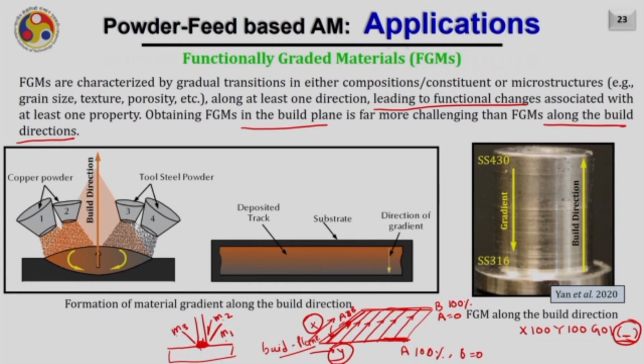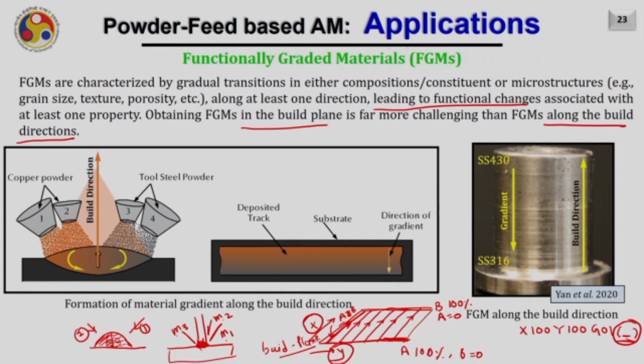However, please note that if I am going to deposit this rectangular bead, and from this end material 1 is coming and from this end material 2 is coming, it is of course true that the bead created may be rich in material 2 on one side and rich in material 1 on another side. Therefore, definitely a mixing mechanism may be required to obtain the FGMs in the XY plane.